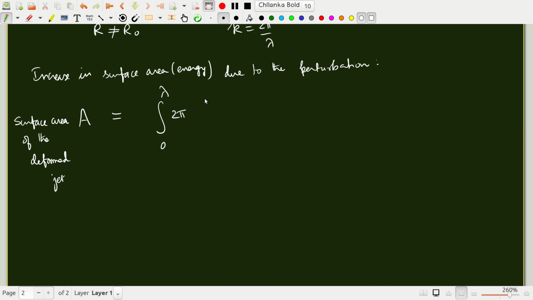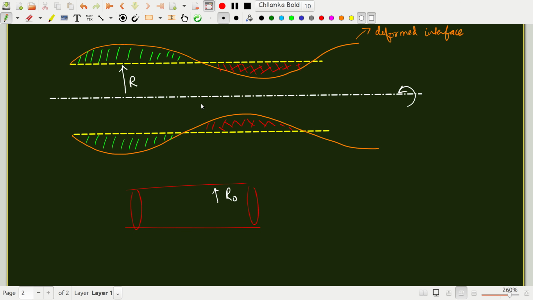So what you have to do is very simple. In order to find the area, suppose I want you to find the area of the straight cylinder. I'm sorry, we are not calculating the volume, we are going to calculate the surface area.